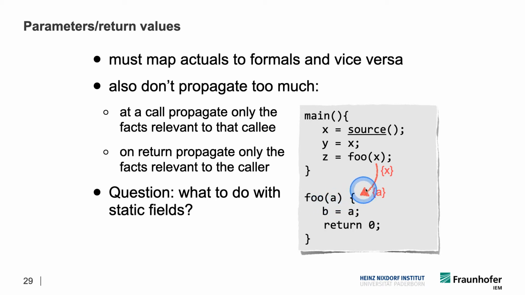But in particular, we are not propagating into foo information about X, let alone information about Y, because neither of this is relevant here. Foo doesn't even know about X. It's not even in scope within foo. Only A is in scope, and therefore only this information A is being propagated here.